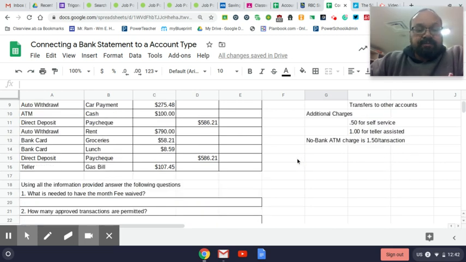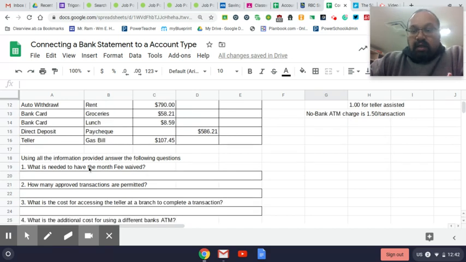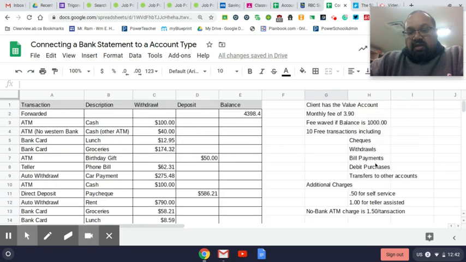So if you take a look, for example, it says using all the information, what is needed to have the monthly fee waived? Well, that's saying if there's a minimum balance. So taking a look at account specifics, which is right over here, it says there is a monthly fee of $390. However, the fee will be waived if the balance is in excess of $1,000.